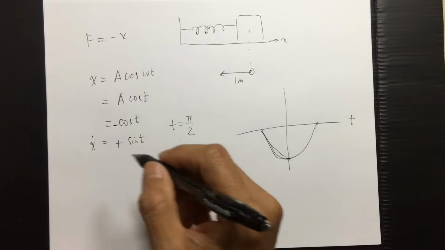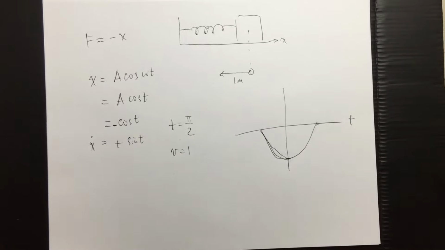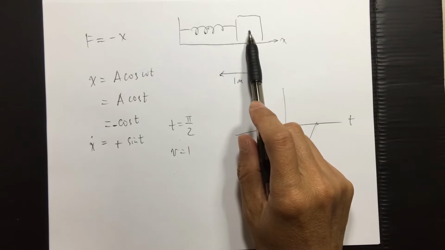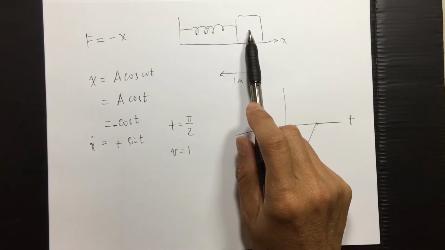At this point, what's the acceleration? Sure, 1. Acceleration 1. Wait. You want to cheat, right? If this thing is not moving here, what's the force on it? It's 0. When it swings back at this moment, there's no force on it.